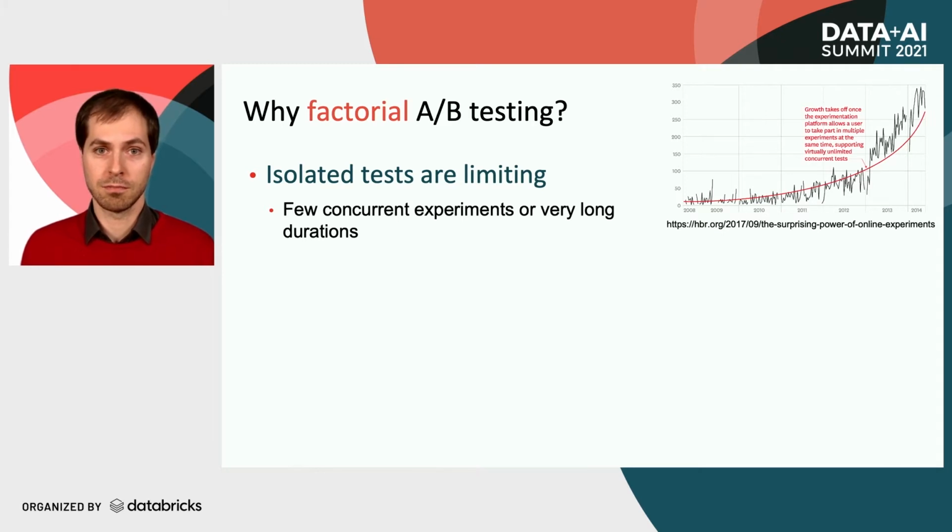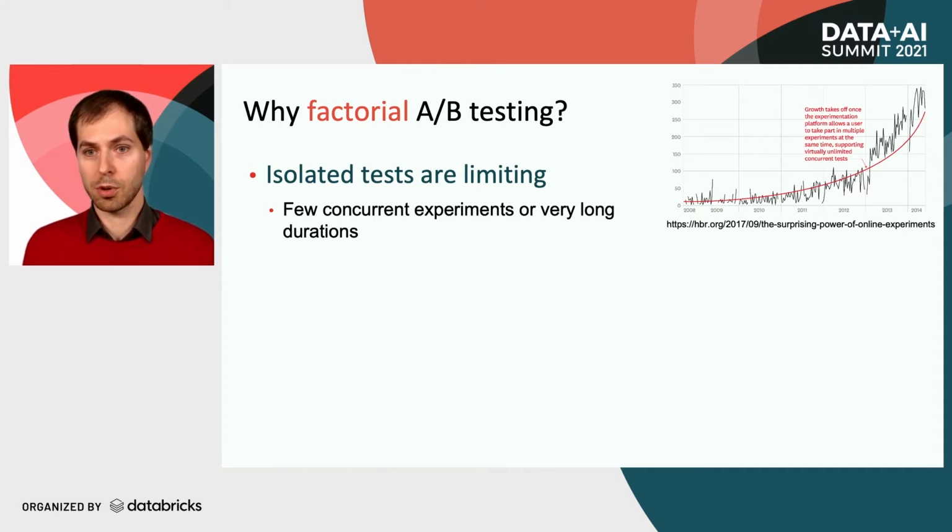And so until 2013, there was a small trend. The number of tests that they were doing was rising, but then something happened and the amount of A/B tests they were doing skyrocketed. And what happened was that they introduced an experimentation platform that used so-called factorial design of experiments.